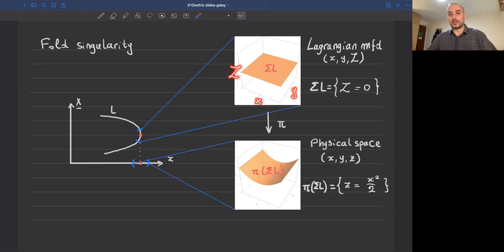These are coordinates on the Lagrangian submanifold L. And the singular locus, sigma L, is just this red plane here. Now, if we project it to the physical space, we get this picture. This is a lowercase z, of course.